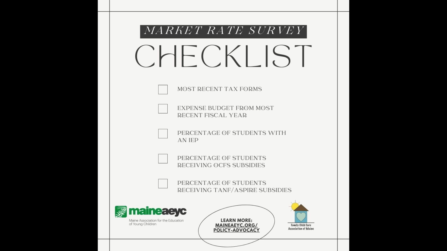The checklist that you will need is your most recent tax forms, your expense budget from the most recent fiscal year, the percentage of students in your program with an IEP, the percentage of your students receiving OCFS subsidies and/or TANF/Aspire subsidies. So if you have that information, this process will be really smooth and easy for you. So let's watch the tutorial.